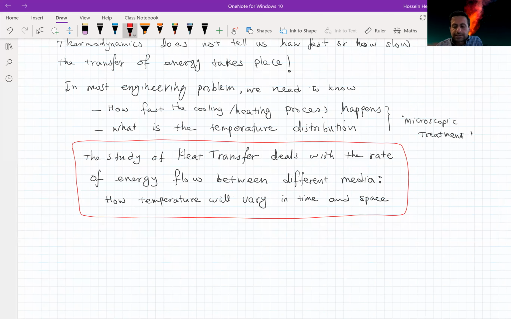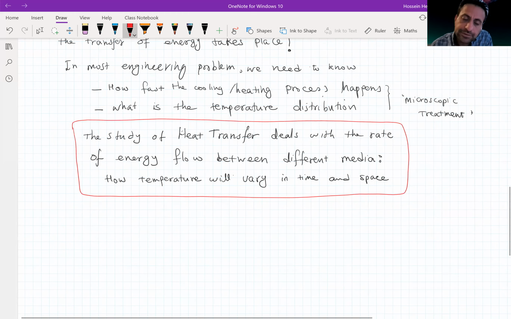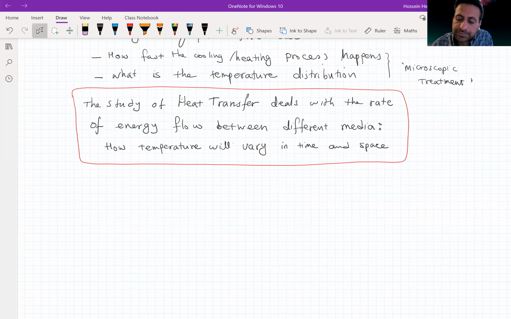So this is essentially the focus of this course. Heat transfer deals with the rate of energy that flows between different media, and how temperature will vary in time and state. Thermodynamics essentially deals with the equilibrium state, when we reach equilibrium, but heat transfer deals with the rate, or with the time of energy exchange. Next, we will discuss the different transport phenomena that can happen.